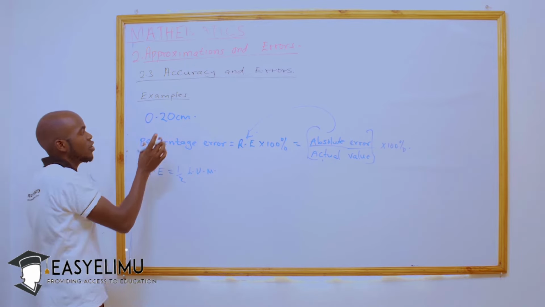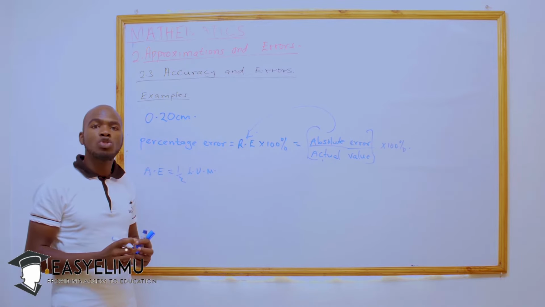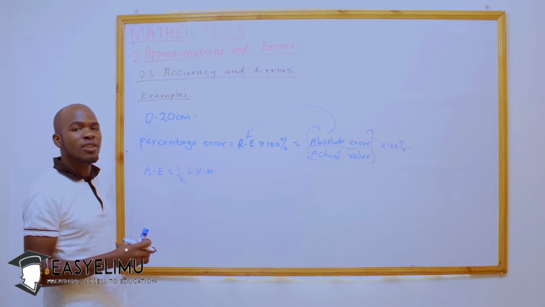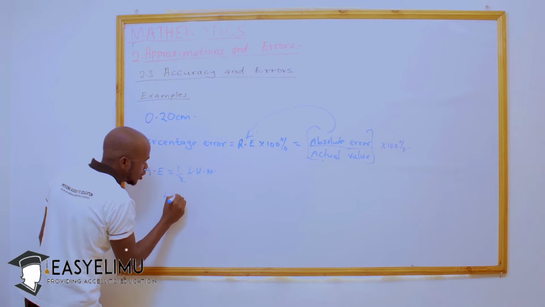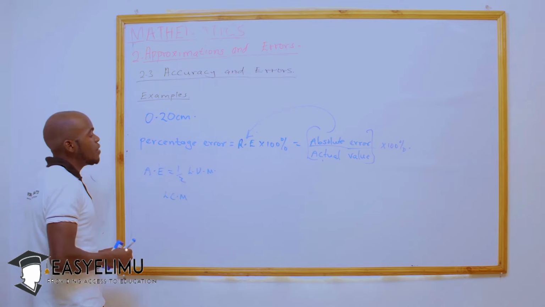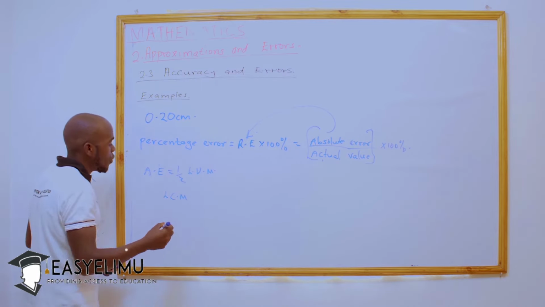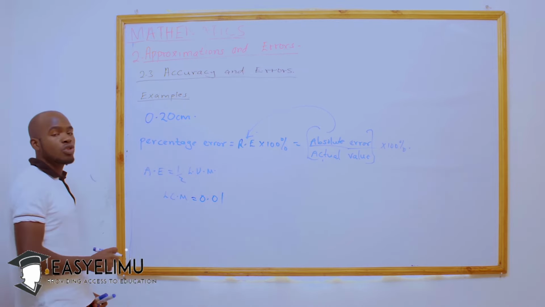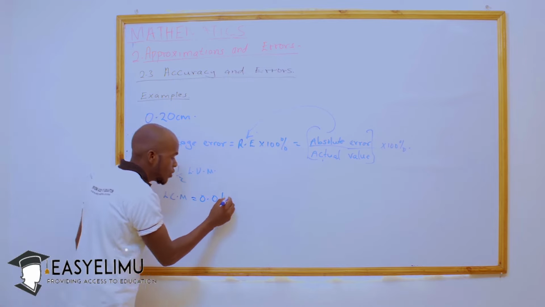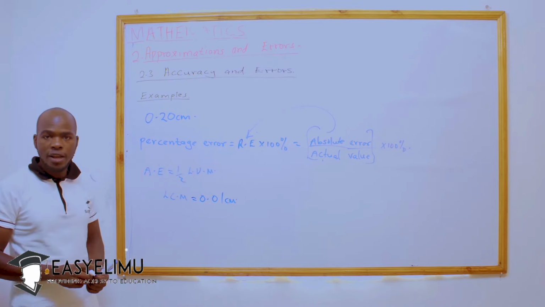For this case, we have been given that measurement to 2 decimal places of accuracy. So the least unit of measurement shall be stated as 0.01 because it is to 2 decimal places. So this one shall be in centimeters.